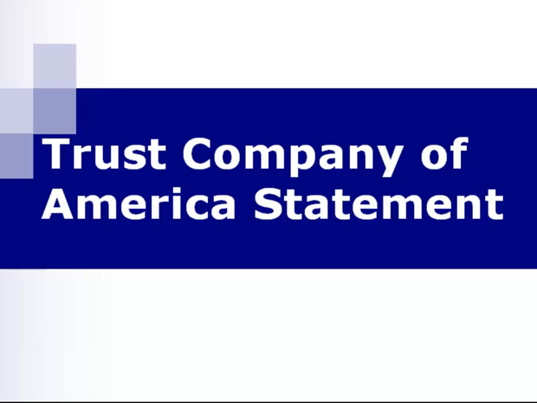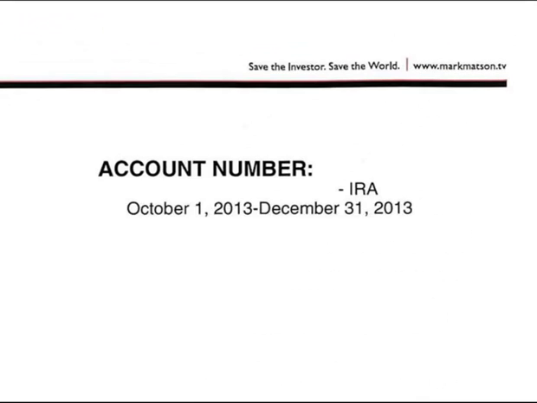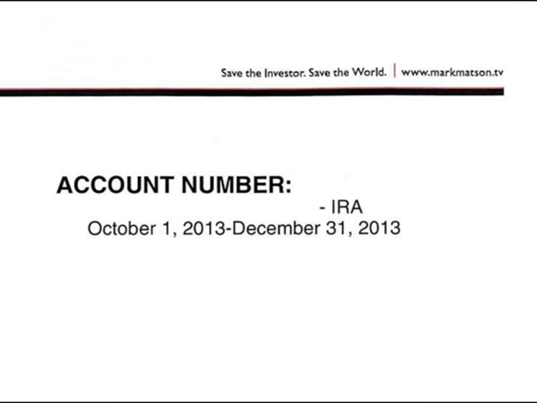Now, if you flip to page 2 of the slide and of your statement, you'll see some basic information such as the account number, which on this one is whited out, and also what type of account it is, which, for this one, is IRA. It could also be a Roth IRA, a custodial joint account, a transfer on death account, a trust account, a corporate account, or a consolidated account that summarizes all of your accounts.